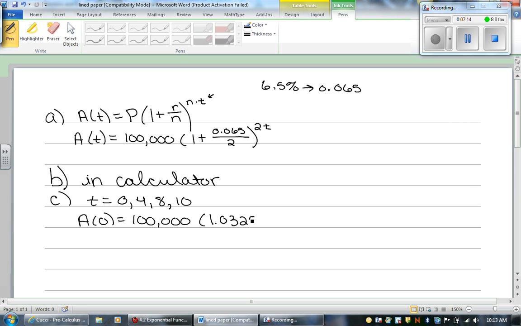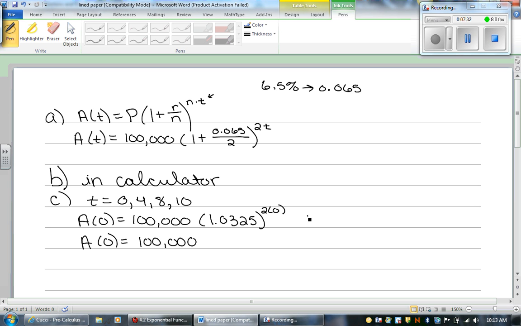And all I did to get 1.0325 is I put this right in my calculator. And then that's 2 times 0. And since this becomes 0, anything to the 0 power is 1, which leaves A of 0, or the amount of money that I begin with, as 100,000.